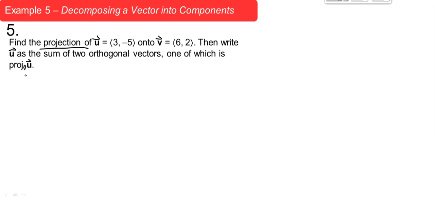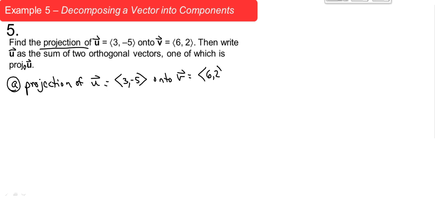Part one or part A is to find the projection of vector u, which is 3, -5, onto v, which is 6, 2. And then I'm just going to call it W1 because that's what we were using before.